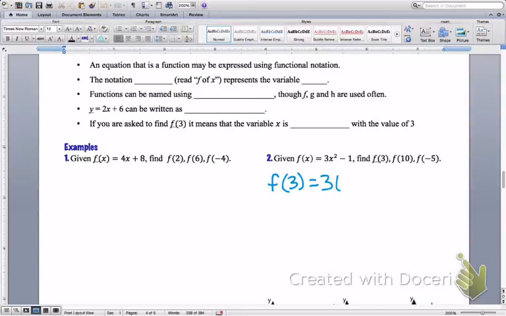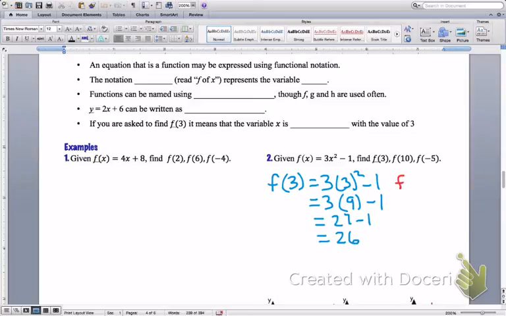So we have 3 squared minus 1. Remember, exponents always go first, so we have 3 times 9, because 3 times 3 is 9. We have 27 minus 1, which gives us 26. That's our first one. Let's go ahead and do the next one. Let's go ahead and plug in 10.